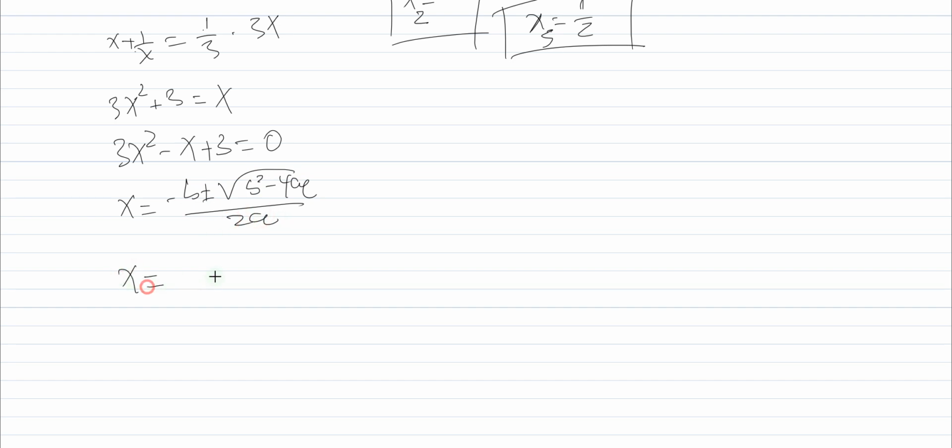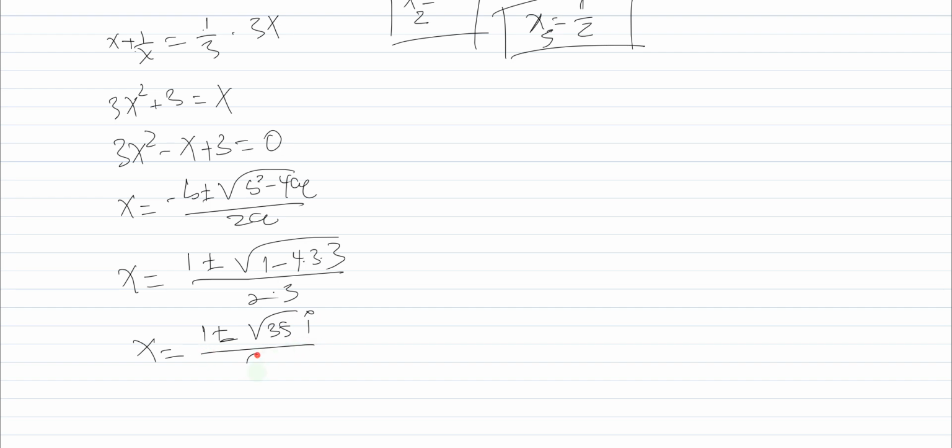So x equals 1 plus or minus the square root of 1 squared, which is 1, minus 4 times 3, divided by 2 times 3. So x is equal to 1 plus or minus the square root of 35i, divided by 6.